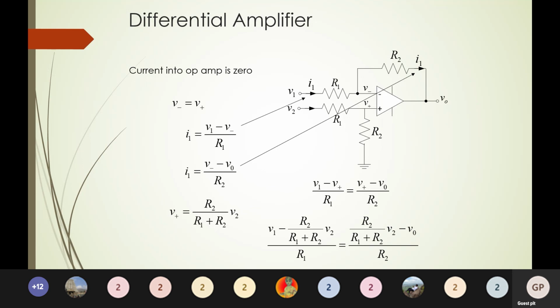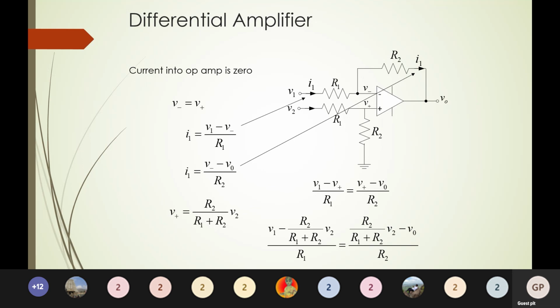First, I'm writing the expression for the current I1. I1 is equal to, as usual, (V1 minus V minus) divided by R1. Similarly, I can write an expression for the same I1, because the current that flows here cannot enter into the op amp. So the entire current flows through the feedback also.